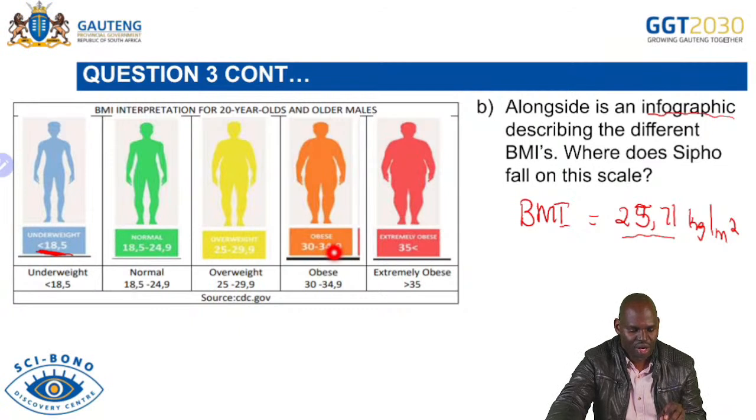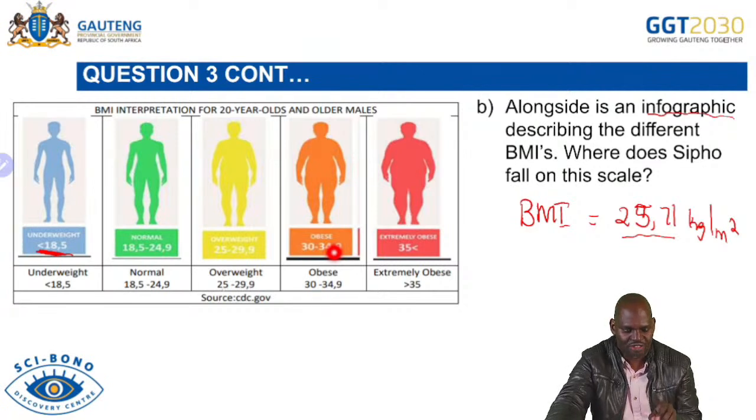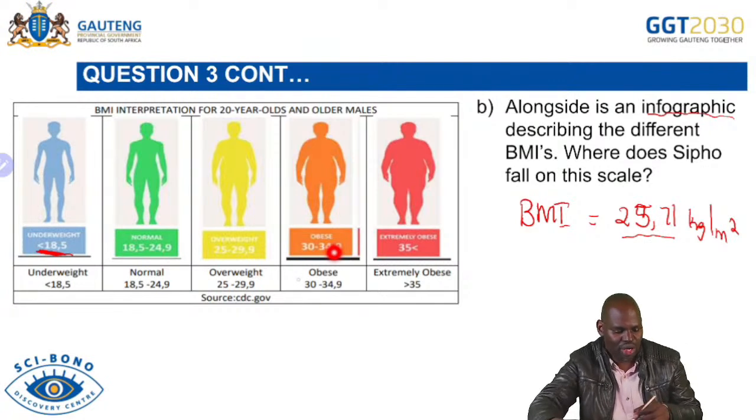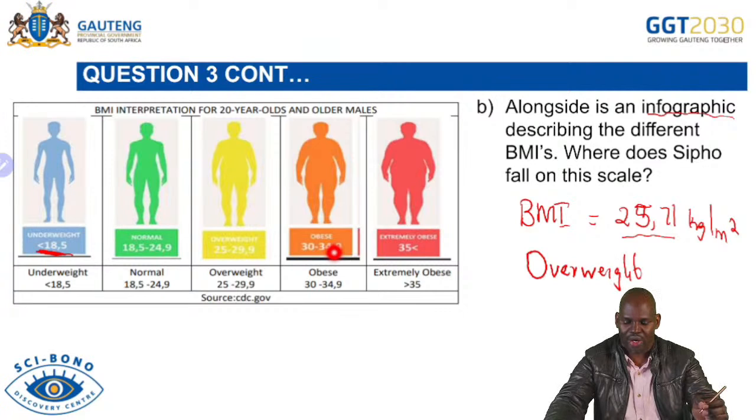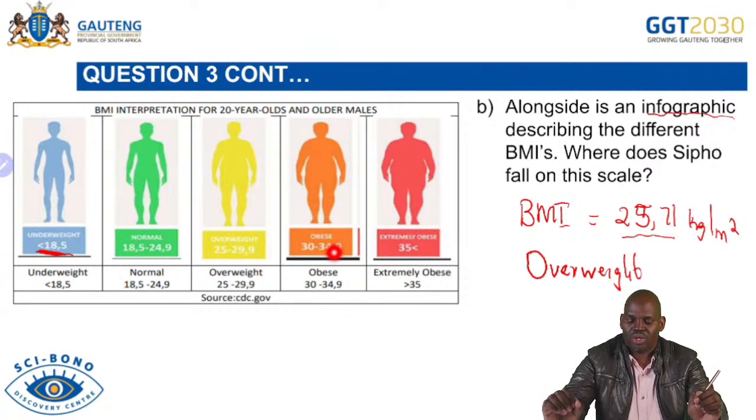We've got 18.5 to 24.9, so it doesn't fall there. Then 25 to 29.9. So this is just a little bit more than 25, which means SIPO is overweight. So SIPO falls on the scale of overweight.